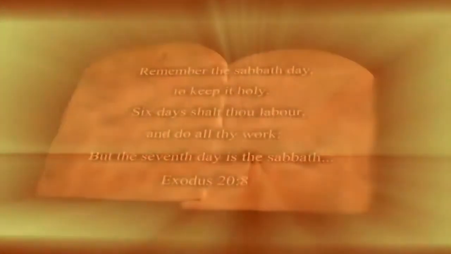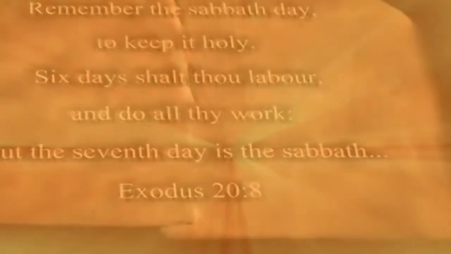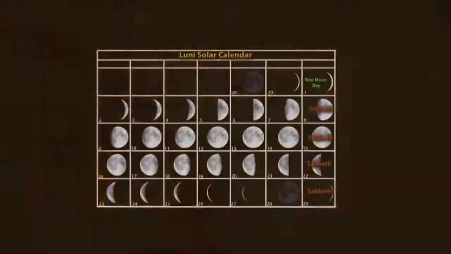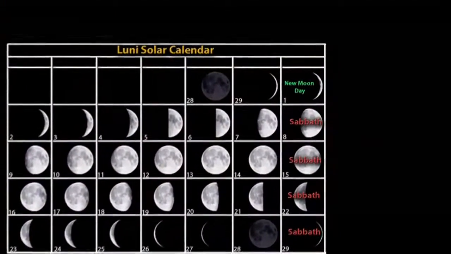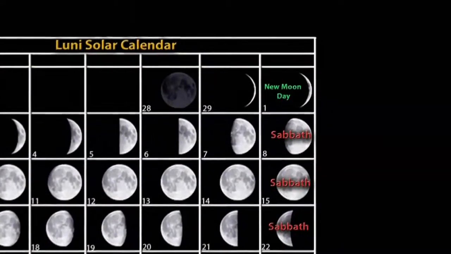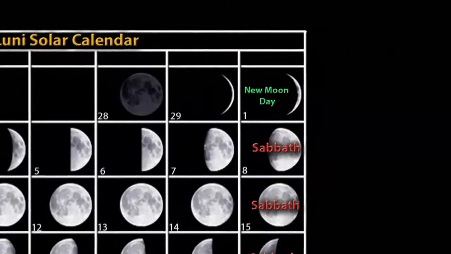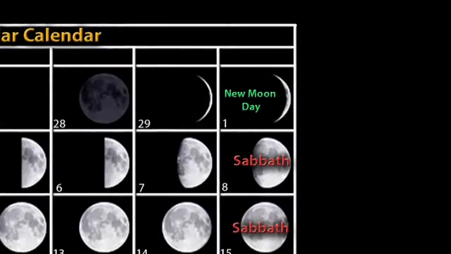Those desiring to show their allegiance to the Creator will worship Him on the day He has designated. To find the correct day of worship, the lunisolar calendar established at creation must be used. Scripture reveals that the calendar used for worship throughout all eternity will be based upon the new moon.